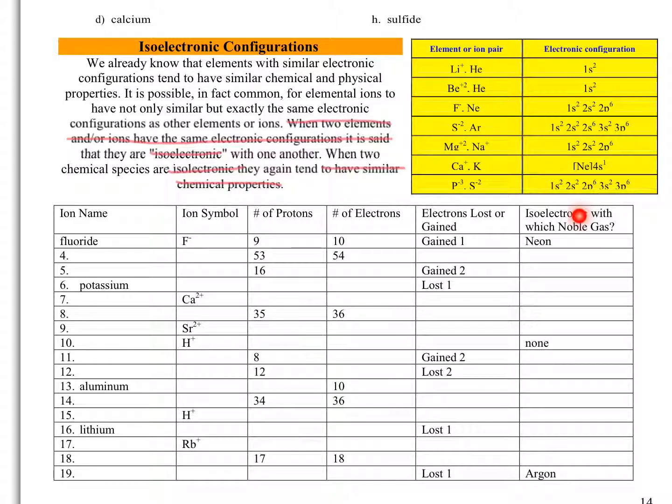And it's isoelectronic with which noble gas? Well, when it gained an electron, it has the electron configuration of 1s2, 2s2, 2p6, which is the exact same as neon. Remember how I said that all the elements want to be like a noble gas, and when they become an ion, they have the exact same reactivity as a noble gas? It's because they have the exact same electron configuration as a noble gas.